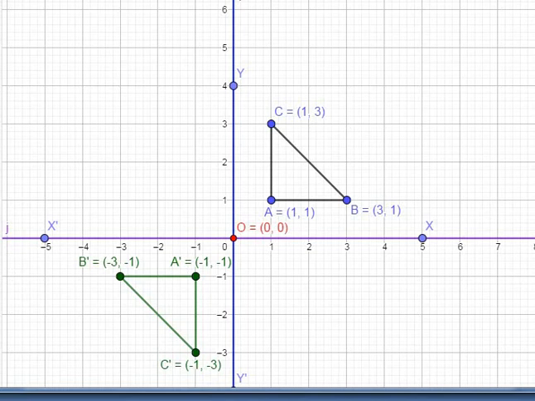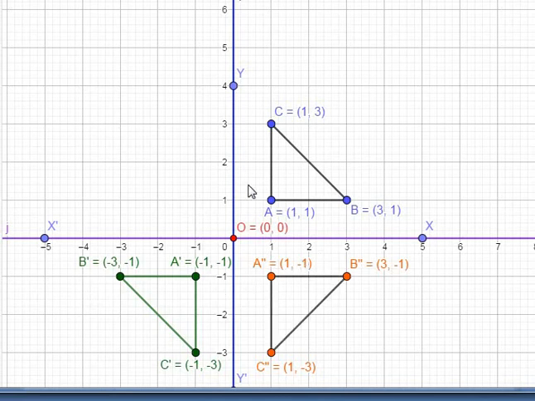Now we have again transformed those images under the reflection in the y-axis. So A″, the image of A′, and B″, the image of B′, and C″, the image of C′. Again joining these three lines, look here.